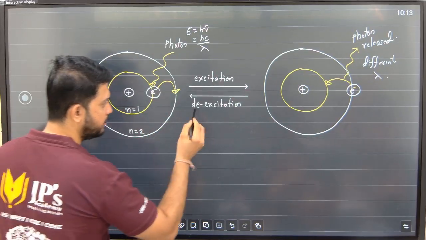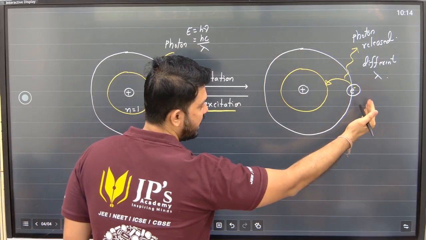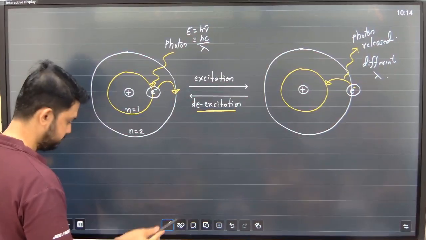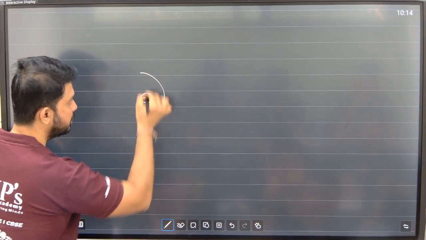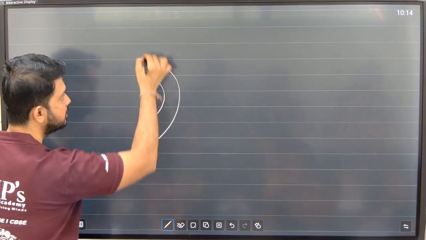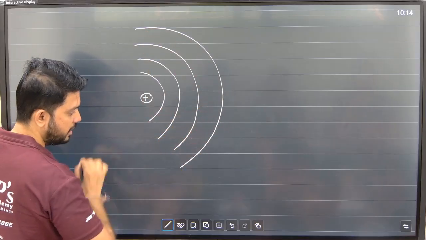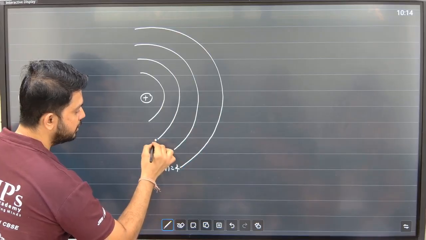So we're going to study about de-excitation, when the electron is jumping from a higher energy level to a lower energy level. Did you people get that? I repeat, this is the nucleus, you can make these different energy levels. And what will we say? Let's say this is 4, 3, 2, 1.